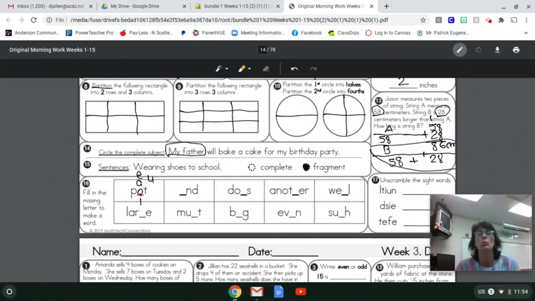You can just choose one to make a word and then say it in your head to yourself, because we're just practicing a little phonics down here and sight words. This one could be end or it could be and. This one could be dots.